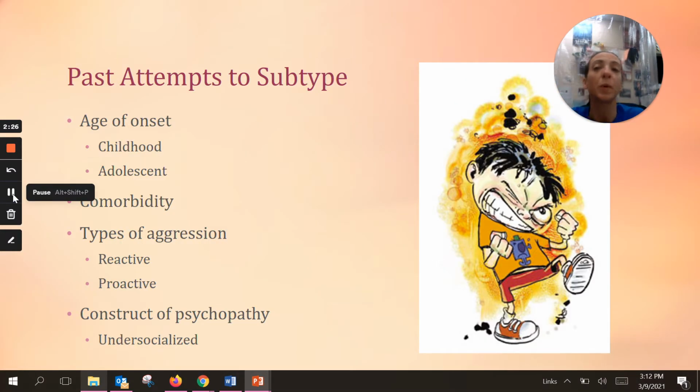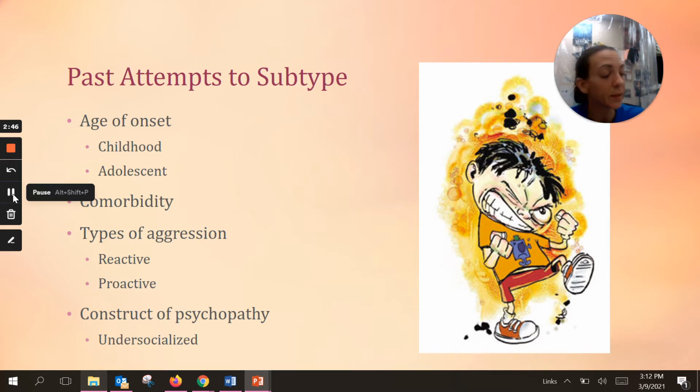So there have been multiple past attempts to subtype disruptive behavior disorders to help study them more. So the first is age of onset, and typically they classify them as childhood or adolescent. And it's just classified according to which age the first severe behaviors appear.